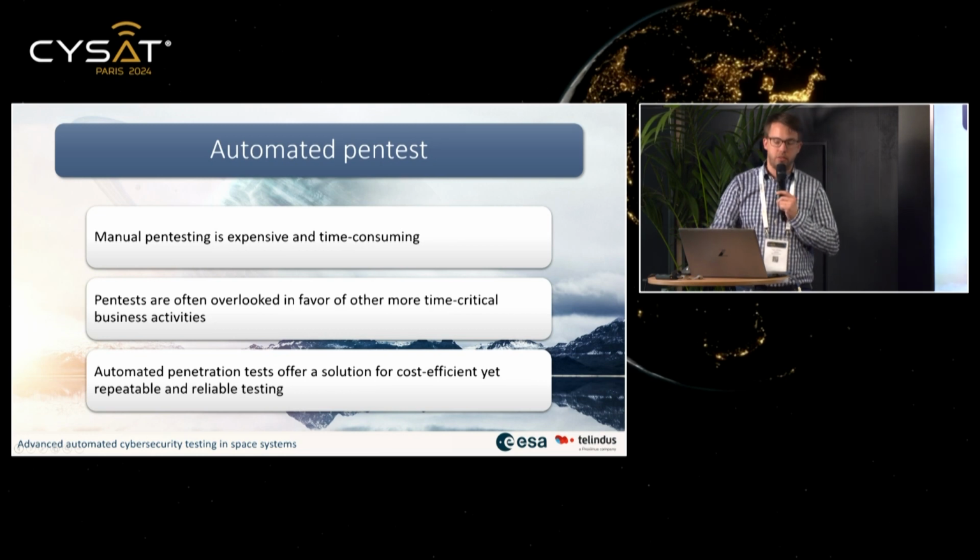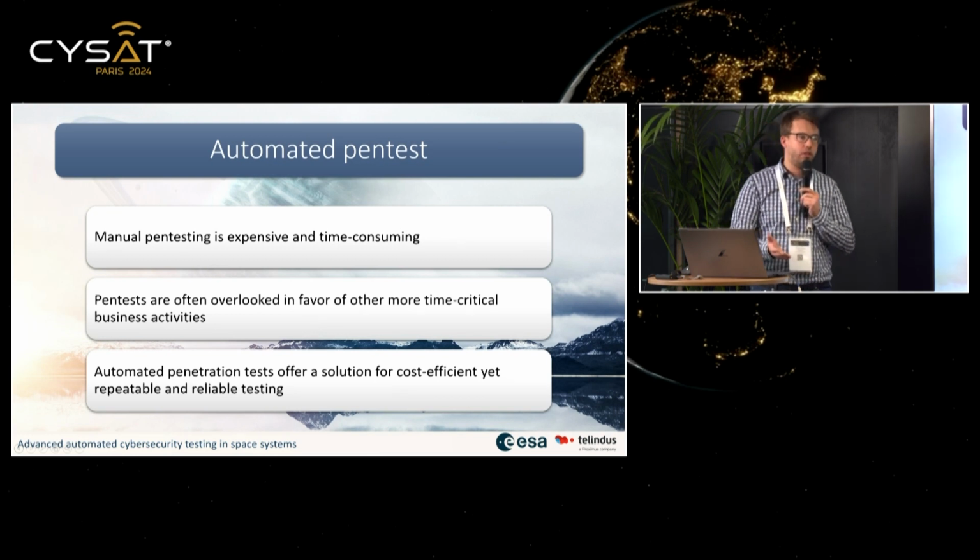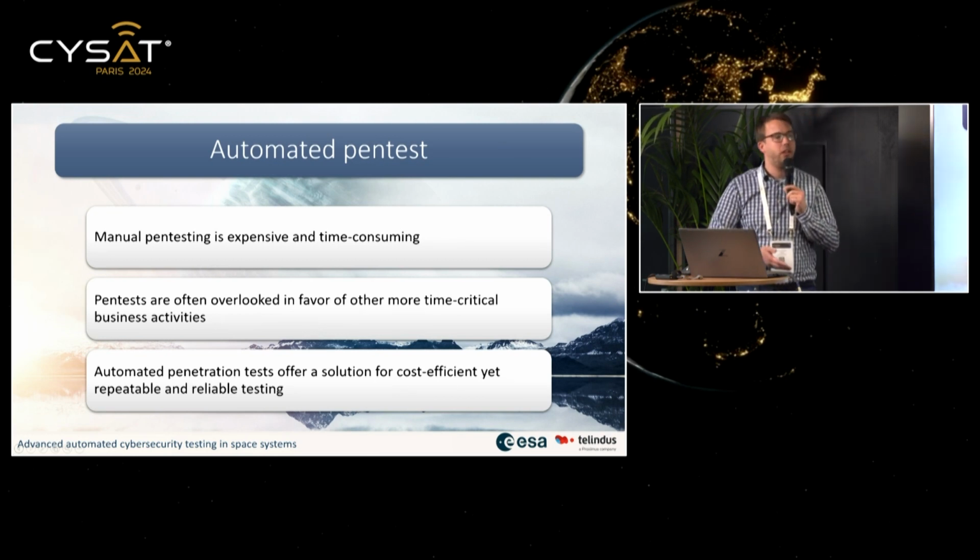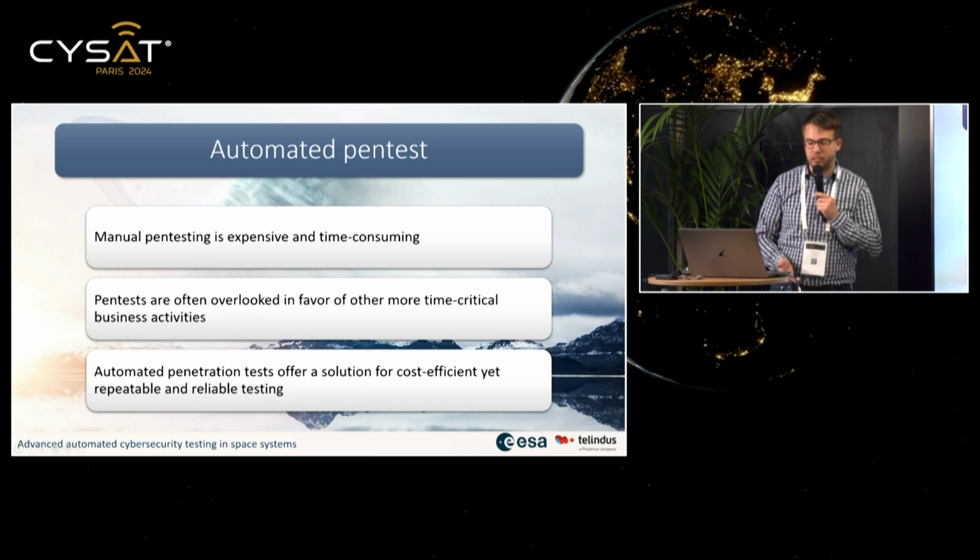So why do we need or want to automate them? Because manual pen testing is very expensive and time consuming, and you need those experts to be there and have time. And also because of the expensive part, they are often overlooked in terms of where we spend the money, to do other more critical tasks.